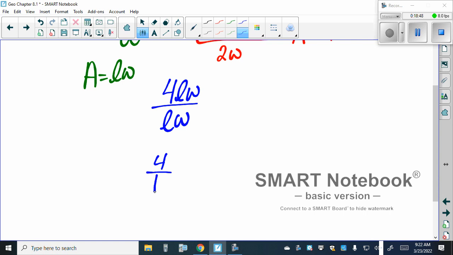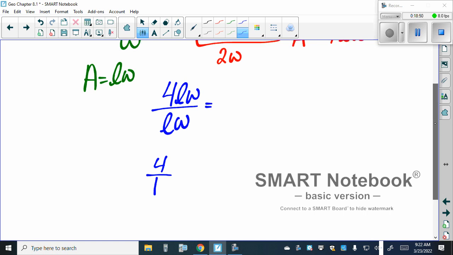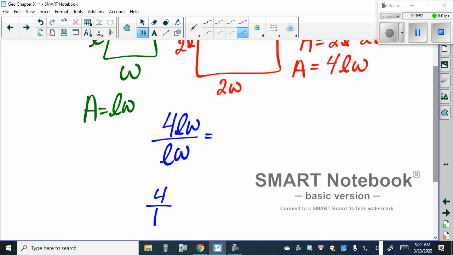Let's compare the sides. I'll pick just lengths. Because our new length is 2L, our original length was L, yes? What is 2L divided by L? 2 over 1, yes? Well, that's not the same as our 4 over 1, is it?